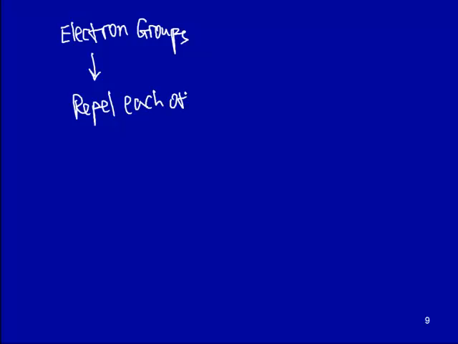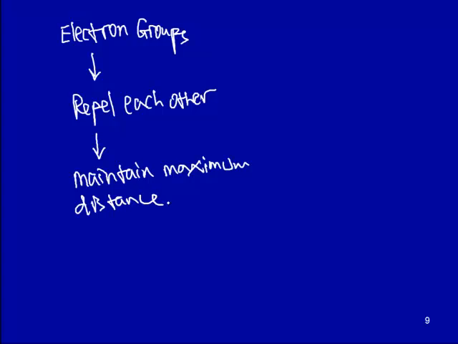To recap what you learned in this podcast: we use the electron groups, and they repel each other strongly, and they're trying to maintain maximum distance among them, and that determines the shape of molecules.